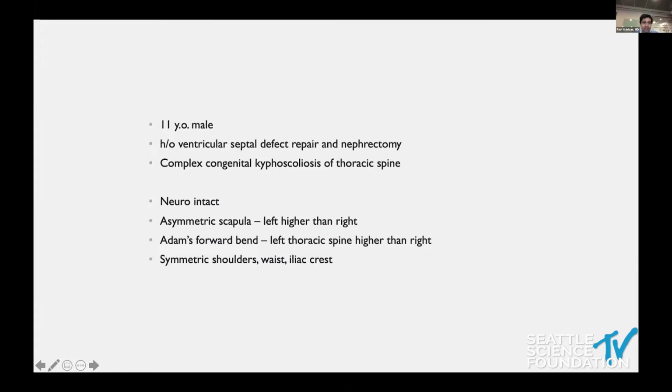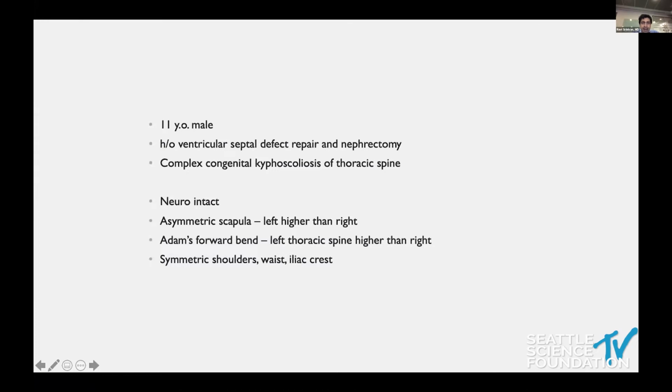When he came to San Francisco, he was 11 years old. I believe he'd previously been treated at another institution, conservatively, without surgical recommendations. So he comes to Dr. Metz's office at 11 years old. He has a history of a ventricular septal defect status post repair. He's had a nephrectomy.